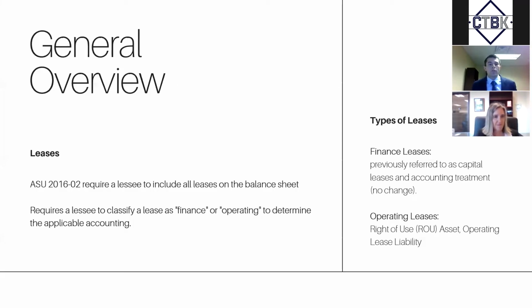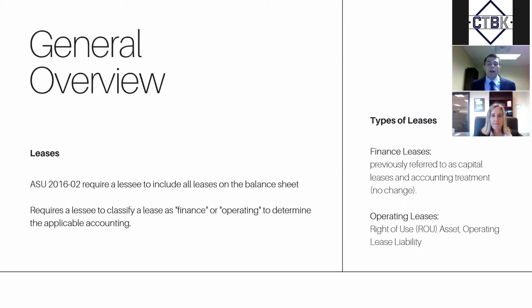So just as a general overview, what is ASU 2016-02? This new standard requires a lessee to include all leases on the balance sheet. It requires a lessee to classify a lease as finance or as operating to determine the applicable accounting treatment. As a refresher, a finance lease was formerly known as a capital lease under topic 840.